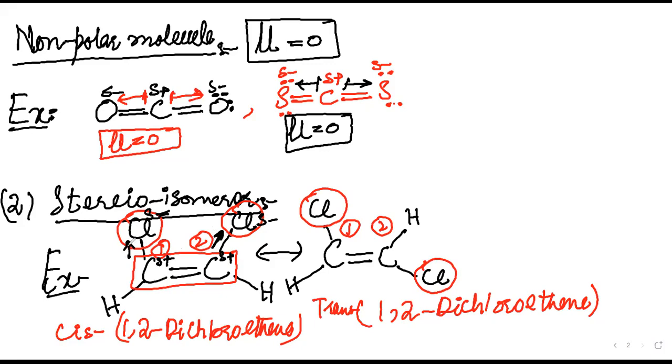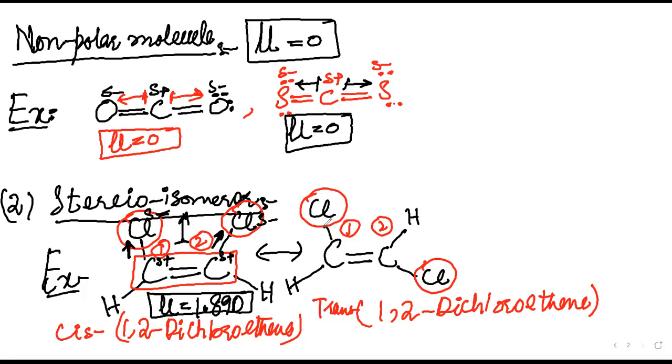The direction of dipole moment is positive to negative. So the direction of both vectors is the same, and the resultant vector indicates a dipole moment of 1.89 D. Here we can conclude that in the cis form the dipole moment has some value.